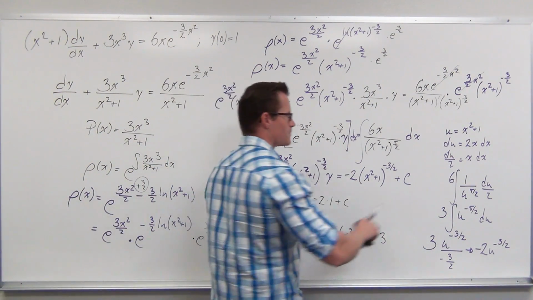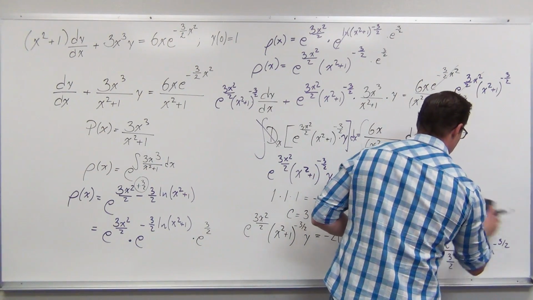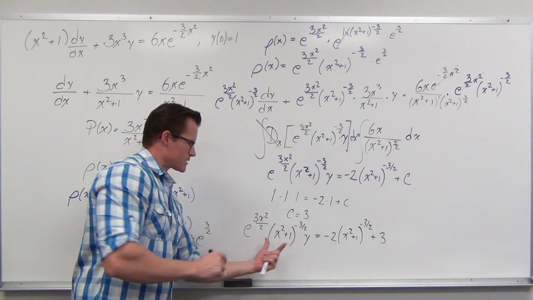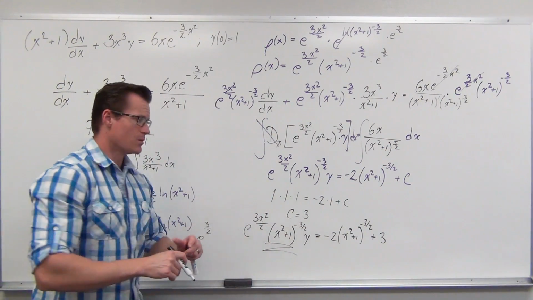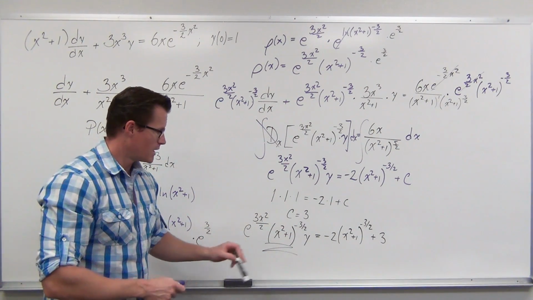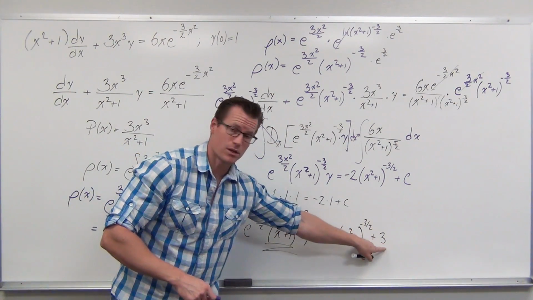So I'm going to erase this. Let's deal with this first. Let's get rid of that. So I'm going to multiply both sides by x squared plus 1 to the positive 3 halves. It's going to cancel, cancel, and go onto that 3.